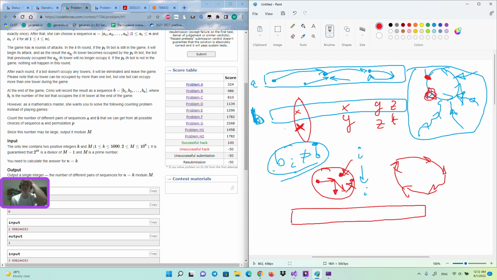So, what is possible? For example, for any bot, there are several outcomes. First of all, it can be eliminated before it even moves. Okay, this is eliminated.